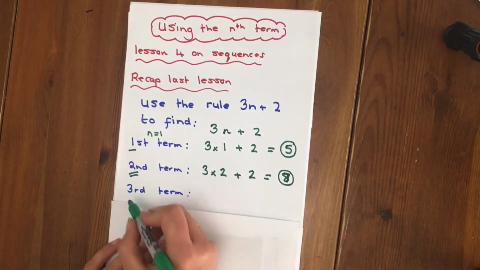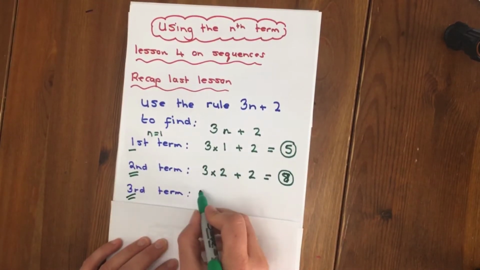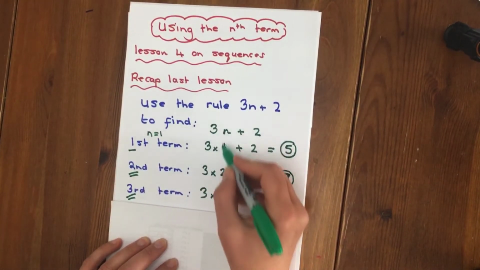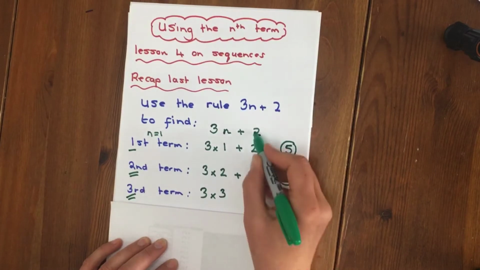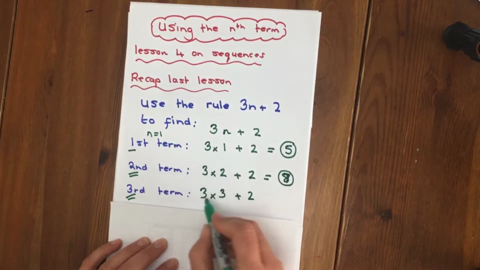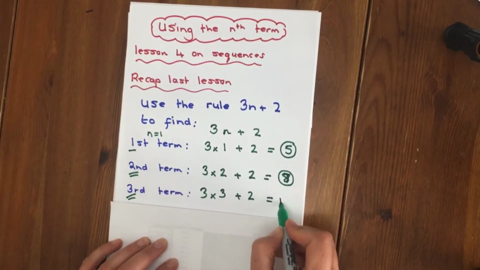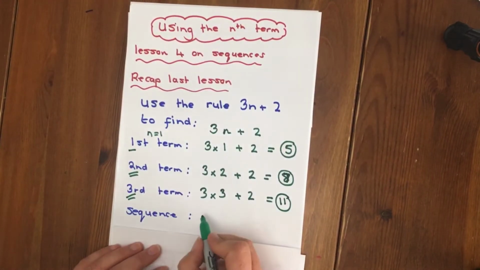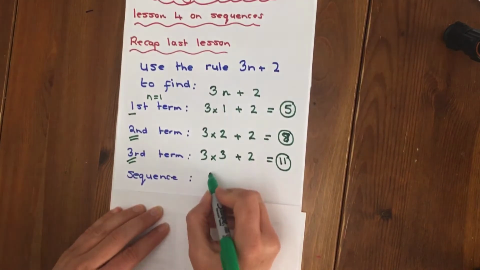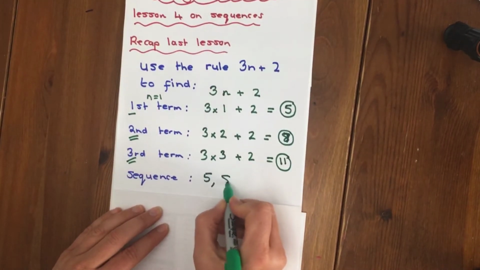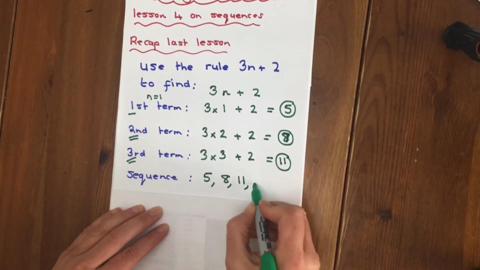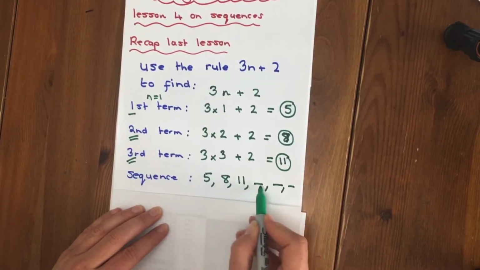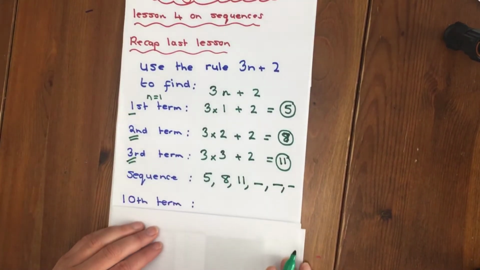Next, my third term, so n is 3, so 3 stays the same, n changes to 3 plus my 2. 9 plus 2, 11. So my sequence becomes 5, 8, 11. And this carries on. And you can see we're adding 3 each time.